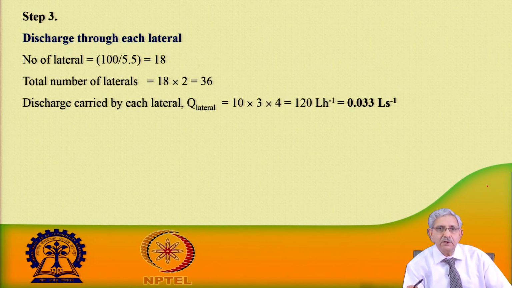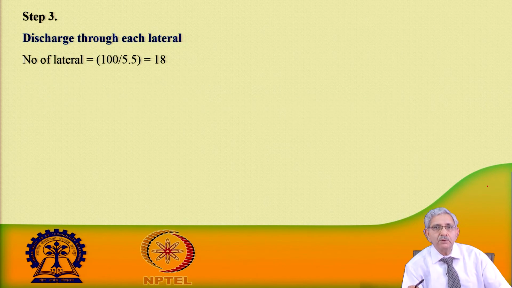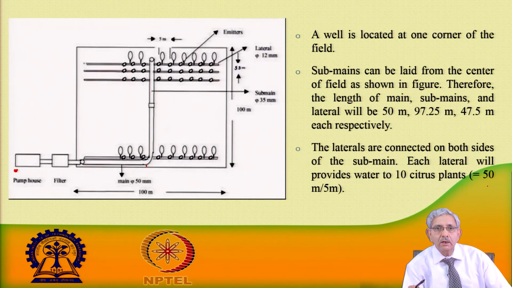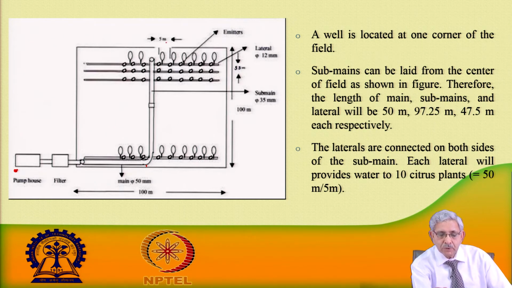Let us see the layout once again. The layout says that you can see here 5 meter is the spacing between the plants, and 5.5 meter is the spacing between the rows.